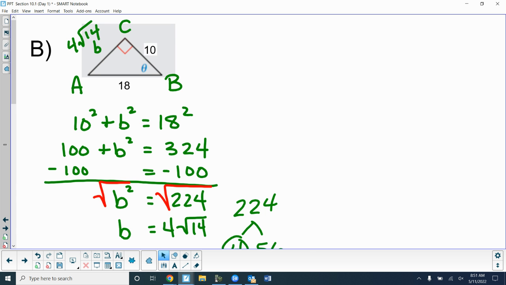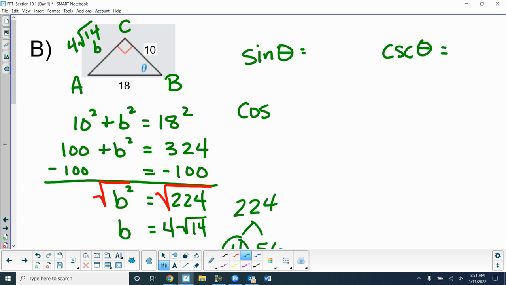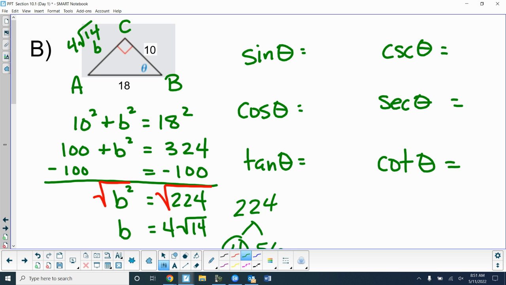We're going to do sine and then cosecant, those are the ones that go together. Cosine and secant, and then tangent and cotangent. So there's our 6 answers we're looking for.